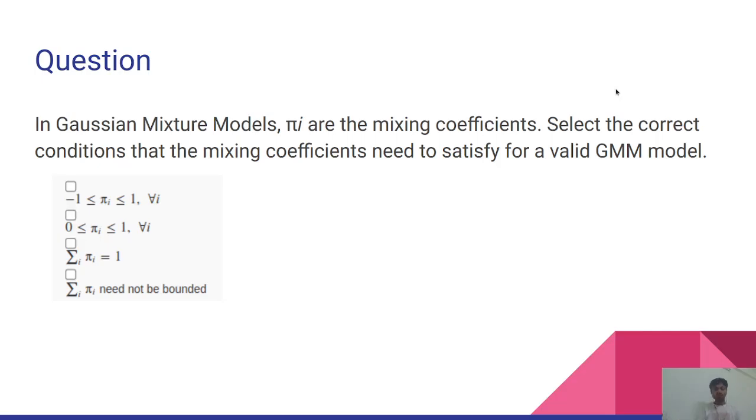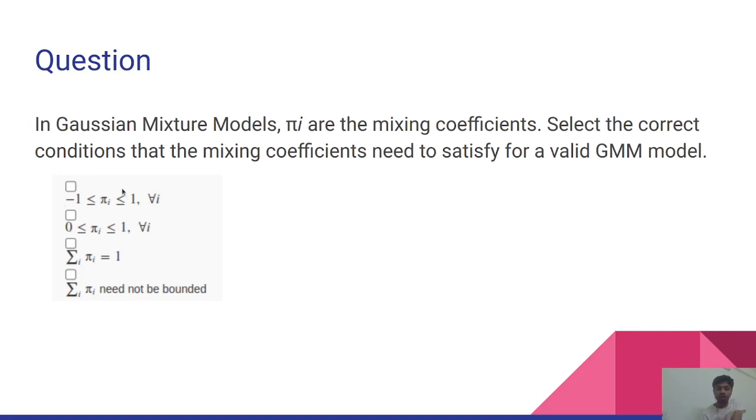So correct options are both B and C, because pi i is the mixing coefficient, so that is like the probability of belonging to the clusters, right? So basically this is correct because that probability cannot be less than 0, so maximum 1, minimum 0.